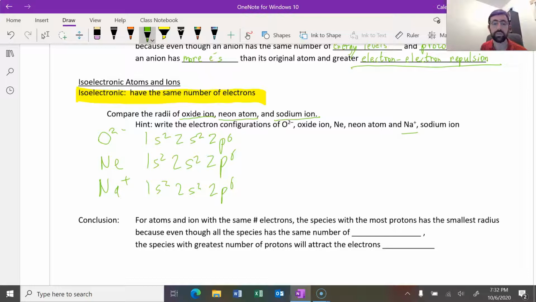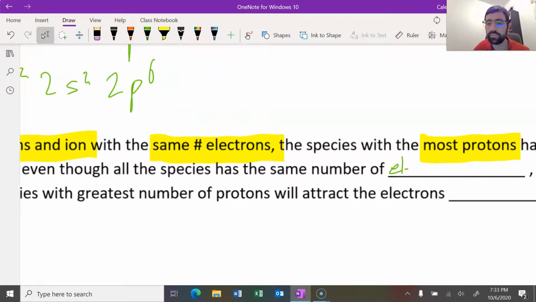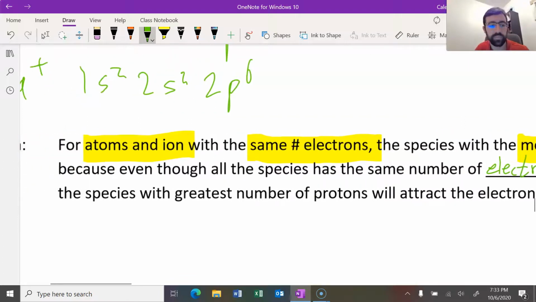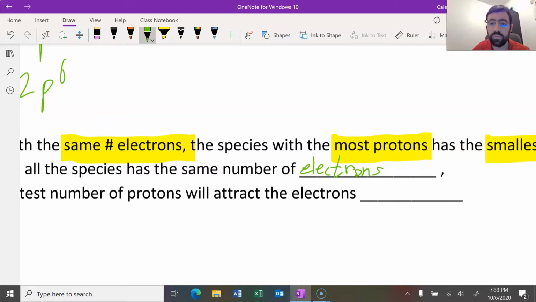So for atoms and ions with the same number of electrons, the species with the most protons has the smallest radius. Because even though all the species have the same number of electrons, the species with the greatest number of protons will attract the electrons more strongly.